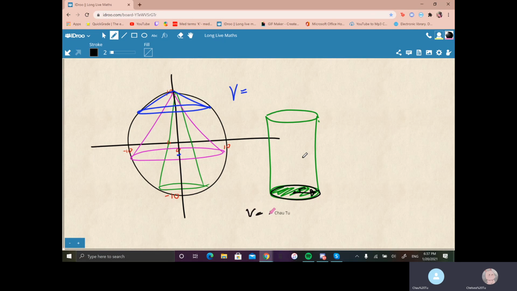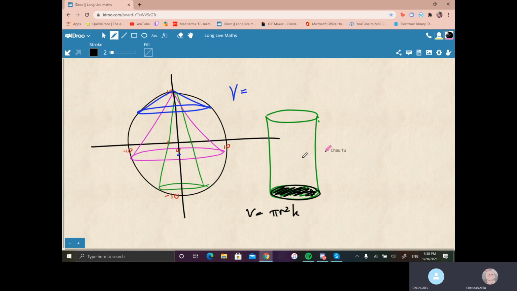V equals the radius... What about the area of the circle? Which is what? Pi r squared. So that gives you the area of the circle, and then what do you need to know about? Times the height. Yeah, times the height.